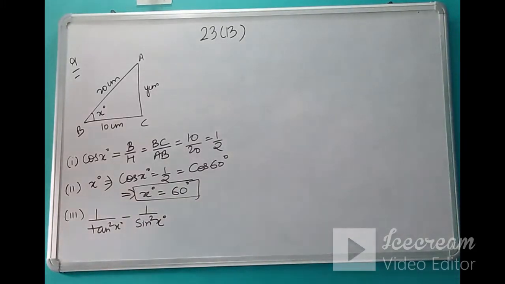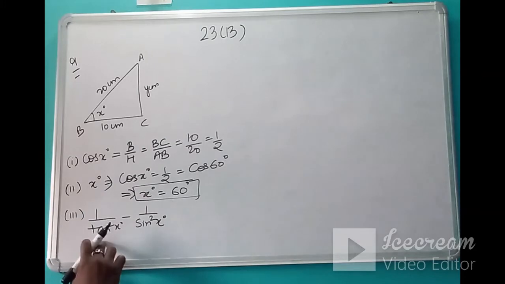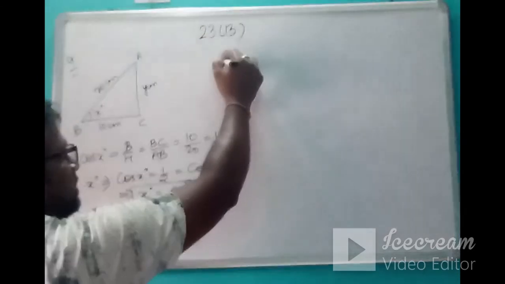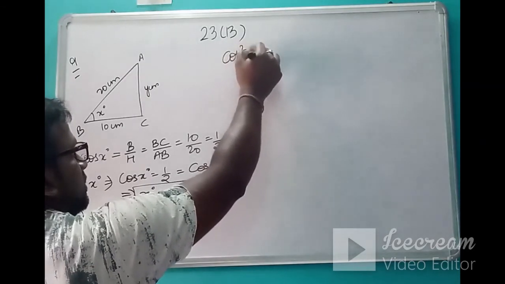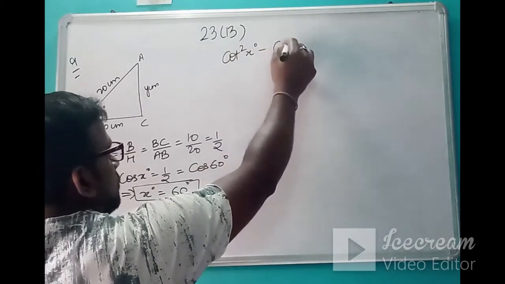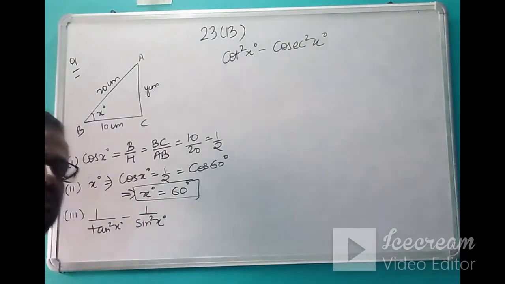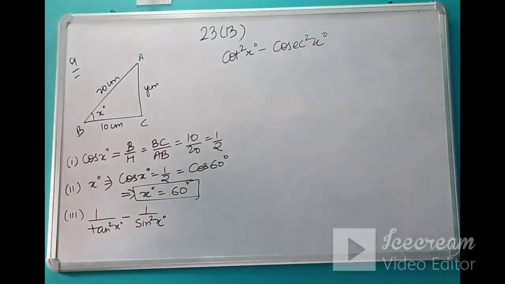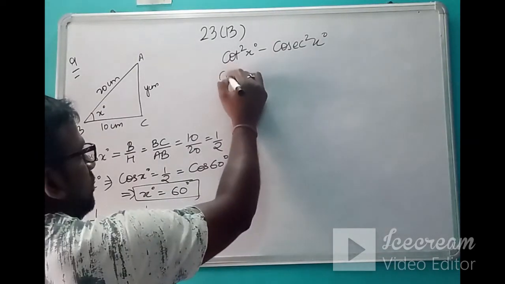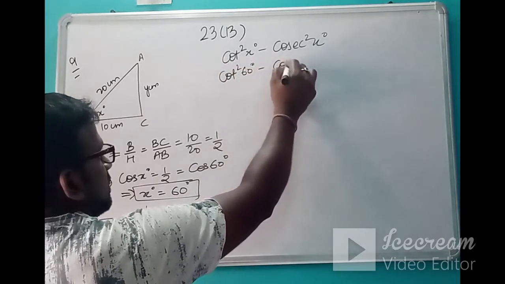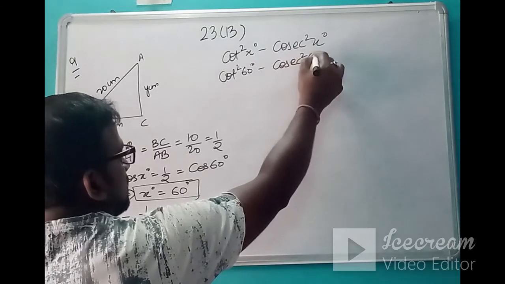Now with the help of this x only, we will find the value of this expression: cot square x minus cosec square x degree. Okay, reciprocal relations: 1 upon tan x equals cot x and 1 upon sin x equals cosec x. Now we will put the value: cot square 60 degree minus cosec square 60 degree.